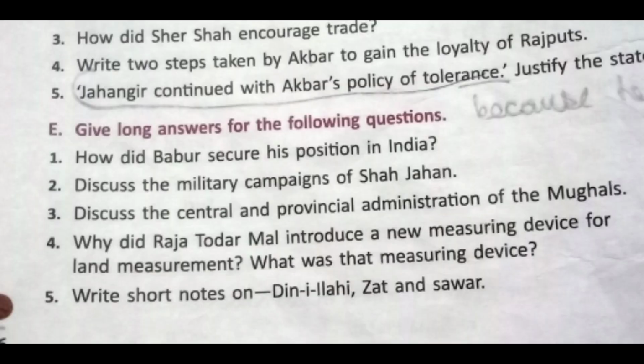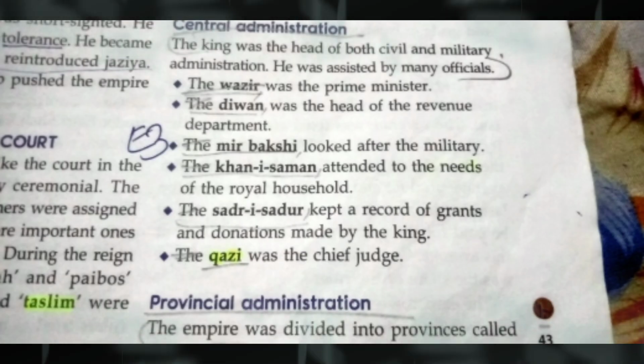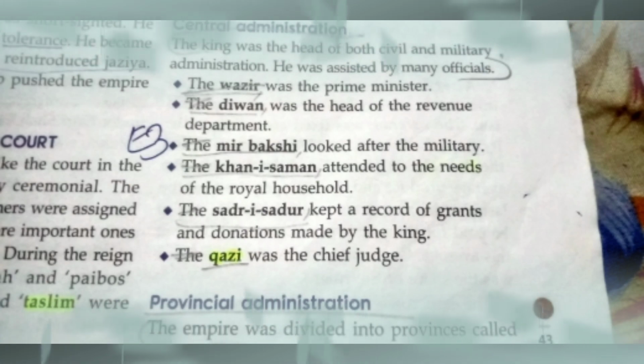Third question. Discuss the central and provincial administration of the Mughals. Answer: the king was the head of both civil and military administration. He was assisted by many officials. First one, the Wazir. Wazir was the prime minister. Then the Diwan. He was the head of the revenue department.